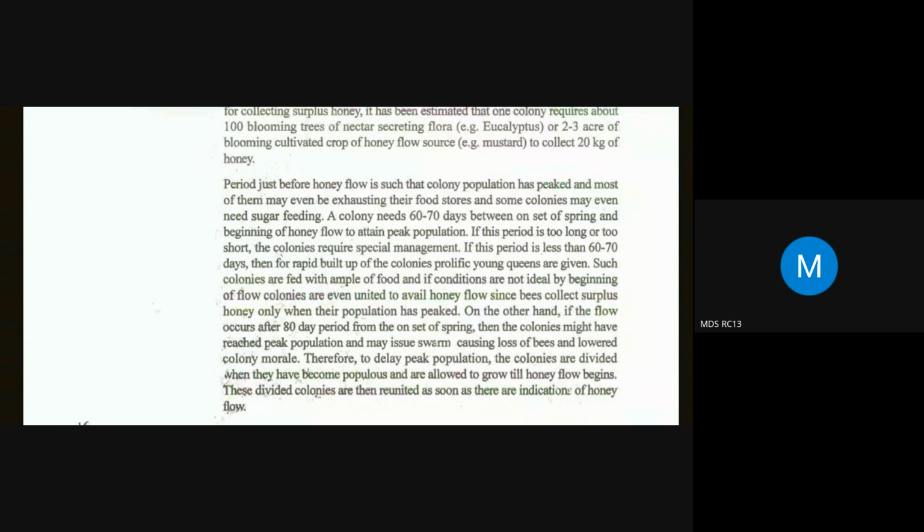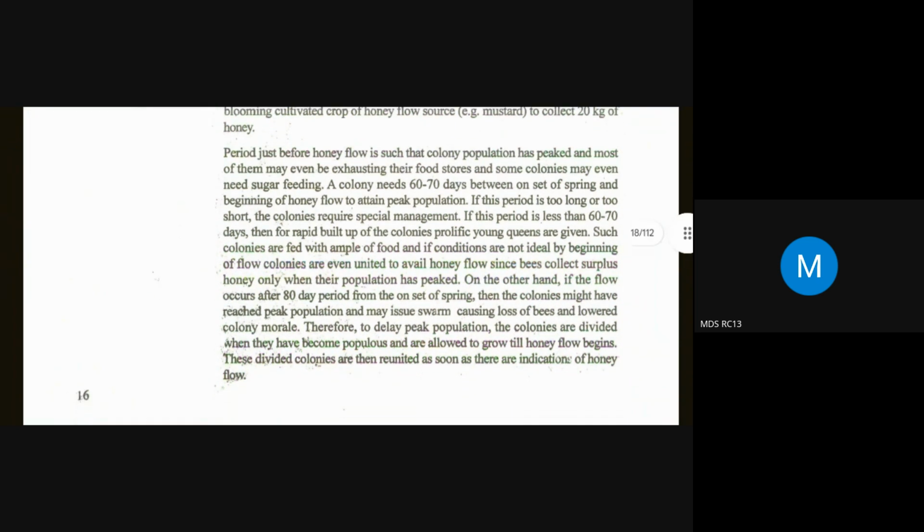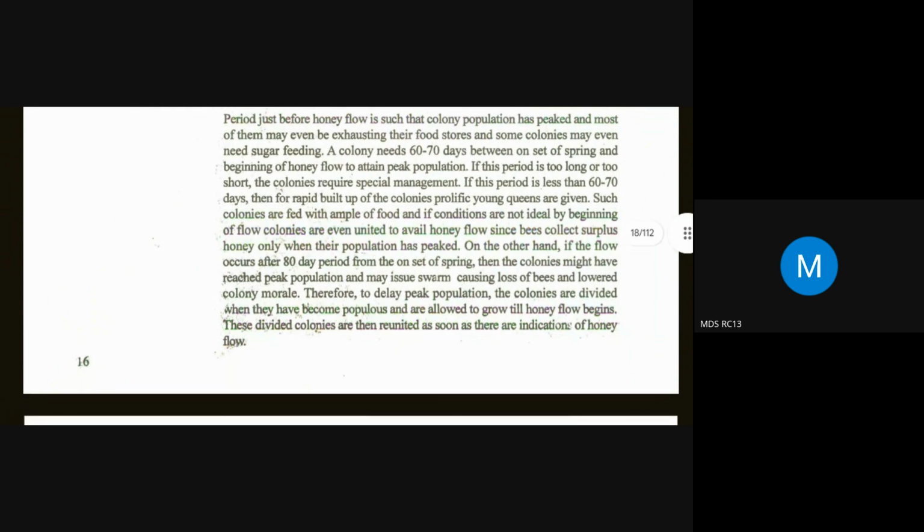But the worker bees can go as far as up to 2000 meters, that is up to 2 kilometers, for collection of food. So if you keep them in one location, it will be easy for a beekeeper to manage. Its security, maintenance, monitoring, everything will be easy if they keep it in one location.